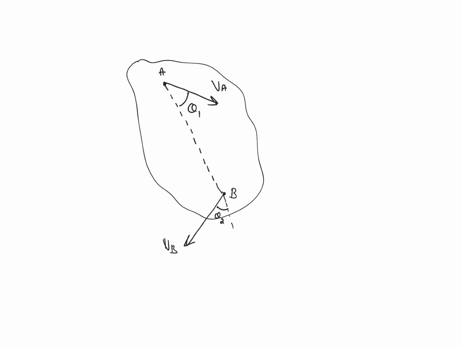So we can find out the component of velocities along the line joining points A and B. The component of VA along this direction is VA cos theta 1, and the component of VB along this direction is VB cos theta 2.